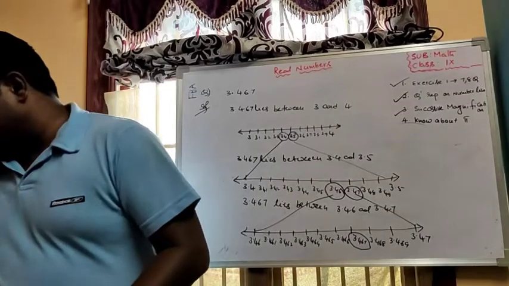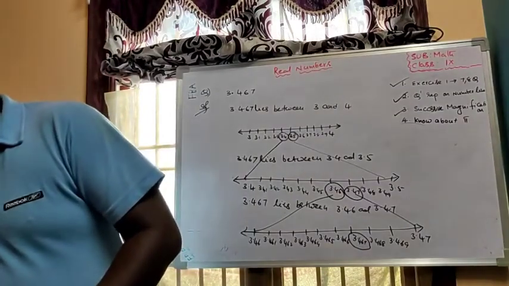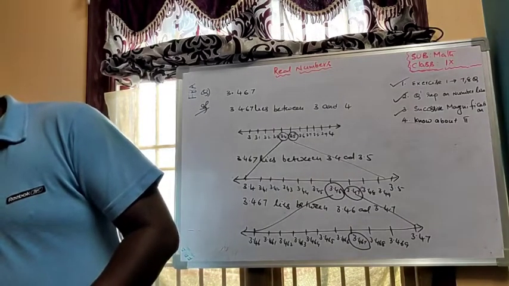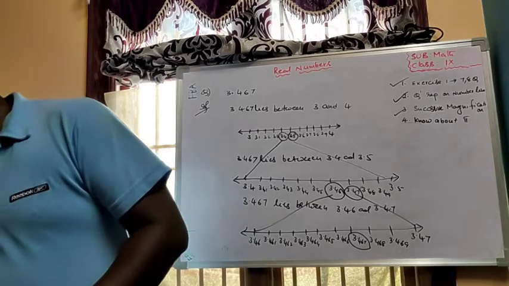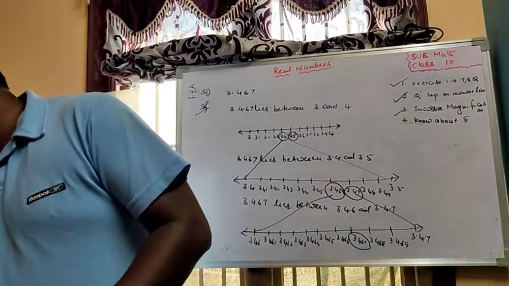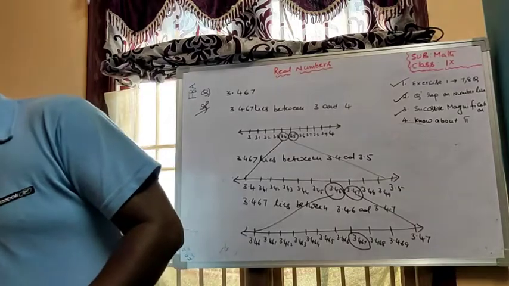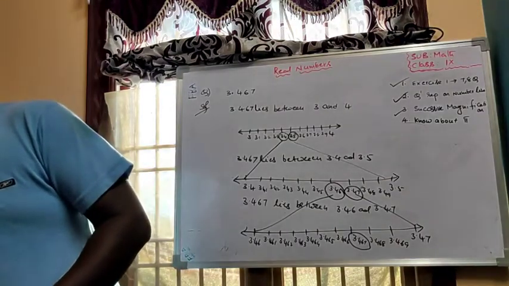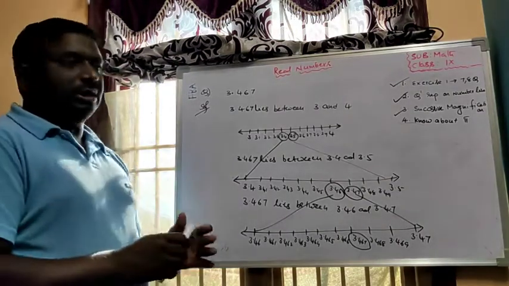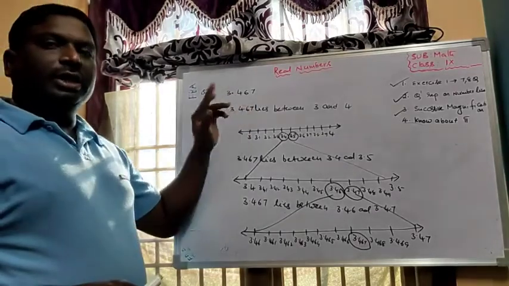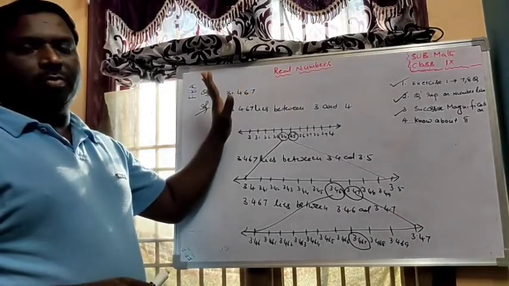One more question I will explain, that is successive magnification. 4.26666, they are asking up to 4 decimal places. If it is terminating, no problem.